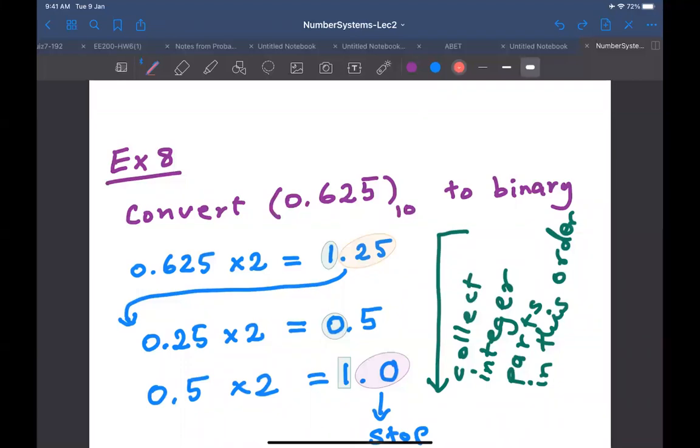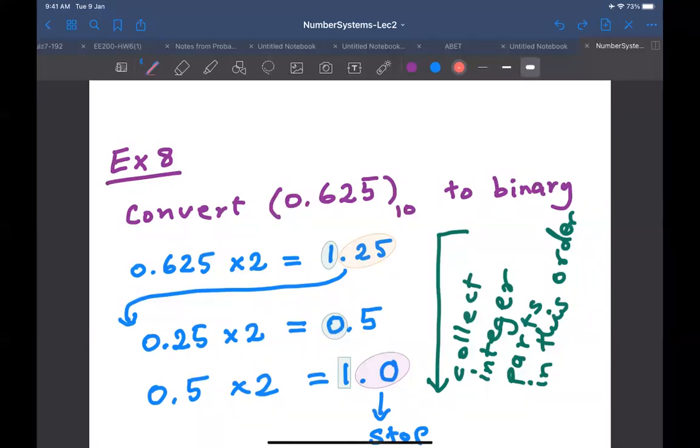So you take the 0.25 and put it here, and then multiply it by 2 again. Then you take the integer part, and then you take the fractional part again and place it here and multiply it by 2. So you get an integer part and a fraction part.